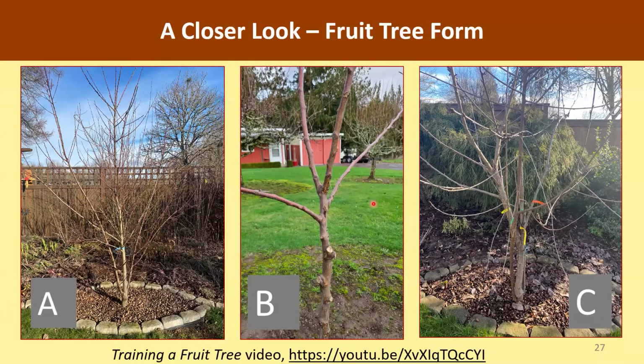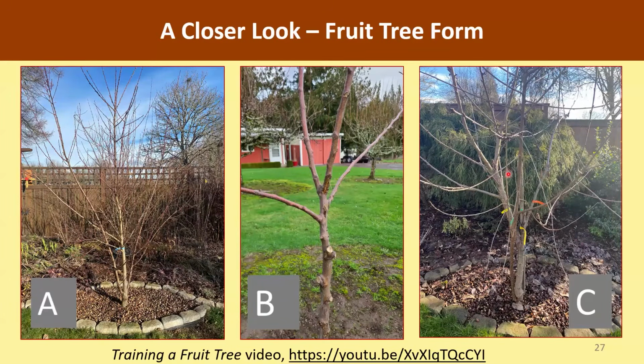Now, C is a cherry, and it has four grafted varieties on the rootstock, and they're tagged with different color flags. So in this instance, each graft should be treated as its own unit.